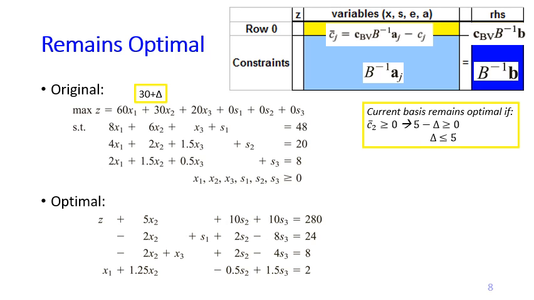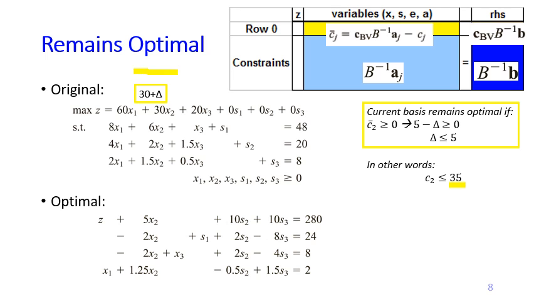From the previous slide, we've seen that the current basis remains optimal if delta is less than or equal to 5. In other words, as long as C2, the price of x2, is less than or equal to 35, the current basis remains optimal. So how do I get the number 35?